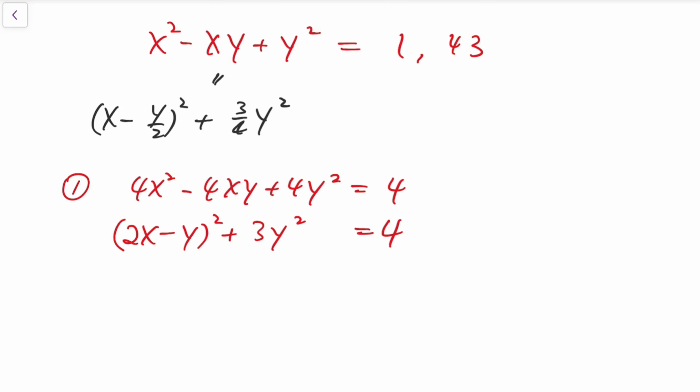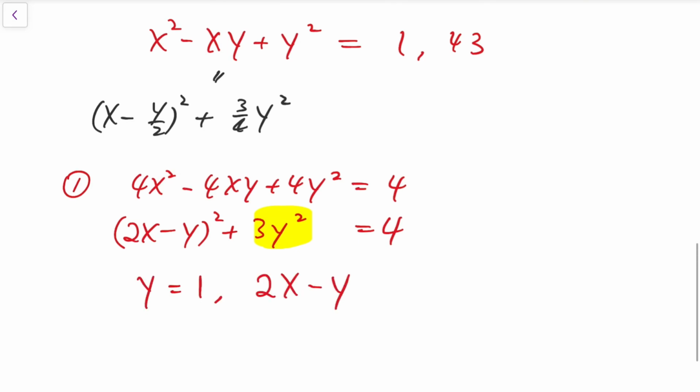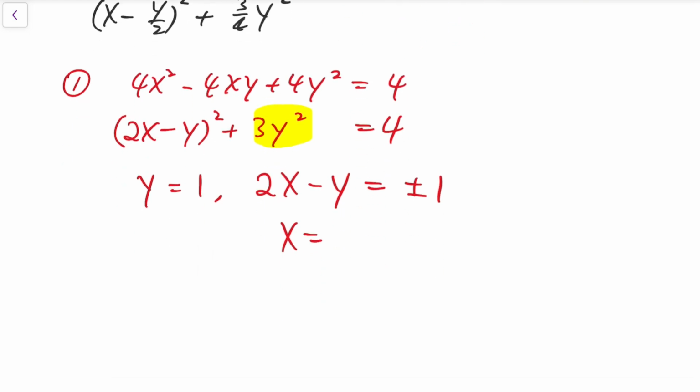But that's the only possible option for big Y, because if Y is larger than 1, then this term will be larger than 4. So therefore, big Y equals 1, and 2 times big X minus Y equals plus or minus 1. And then solving, we have big X is either 1 or 0. Of course, we cross out 0. It's impossible.